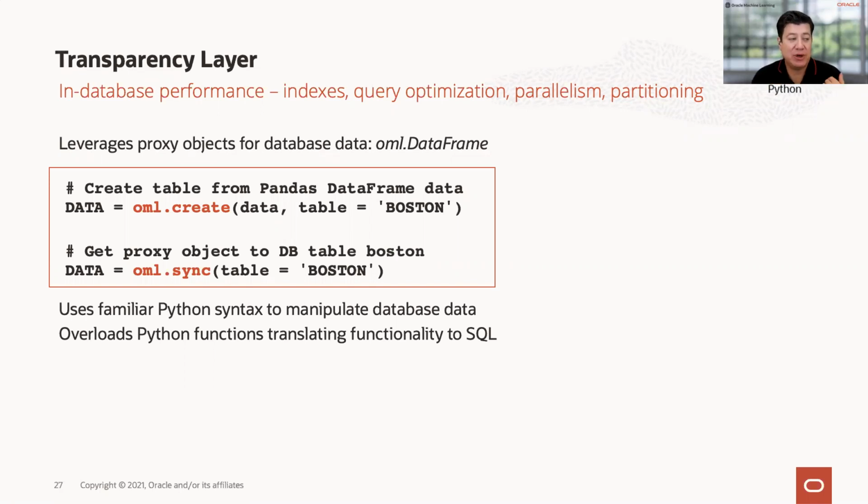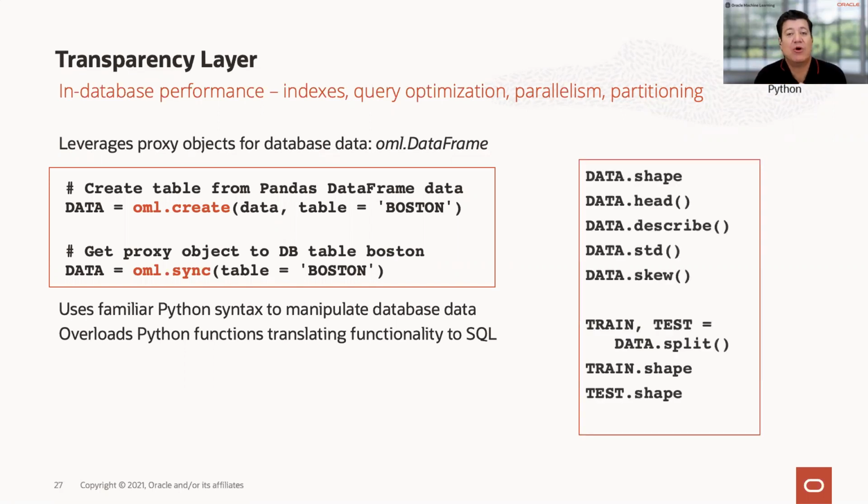If I then do an OML sync of a table called Boston, that data now is telling the database, hey, I would like to create a proxy object locally that is pointing to that table with that name. And with that information, we can do all of these normal commands that you use in Python, right? So I can check the shape of that data set, so how many rows and how many columns.